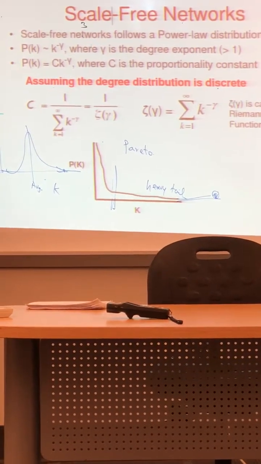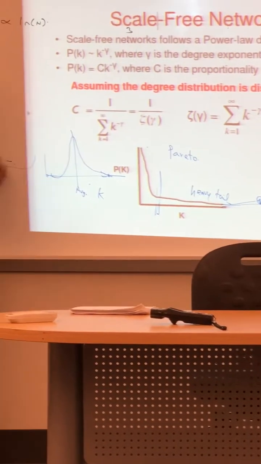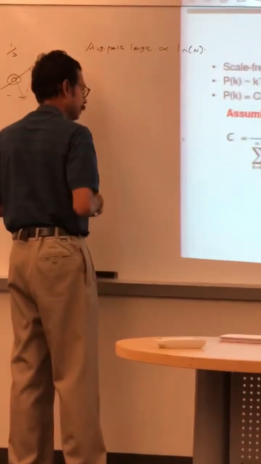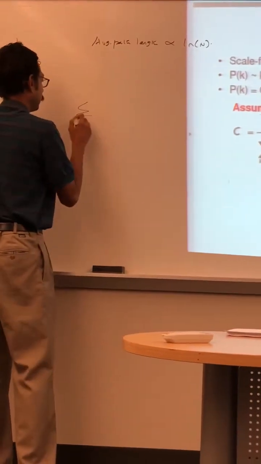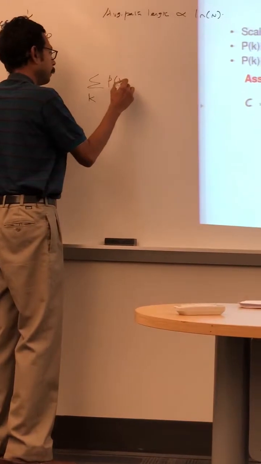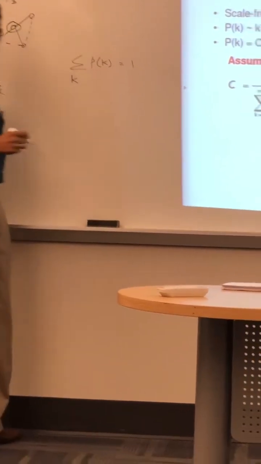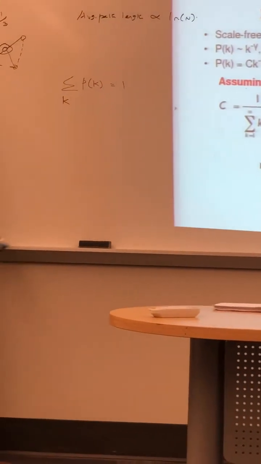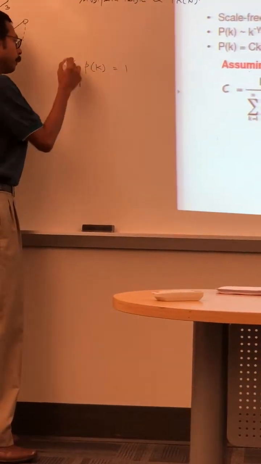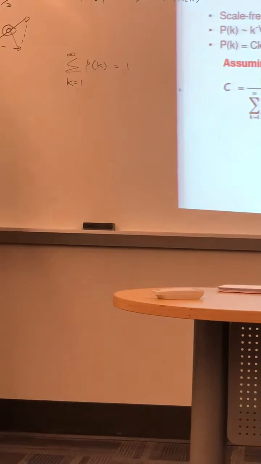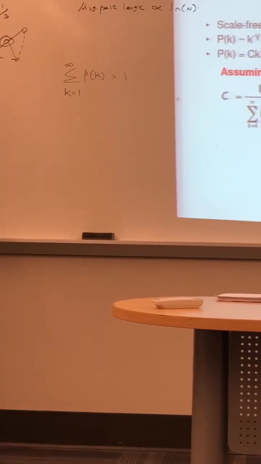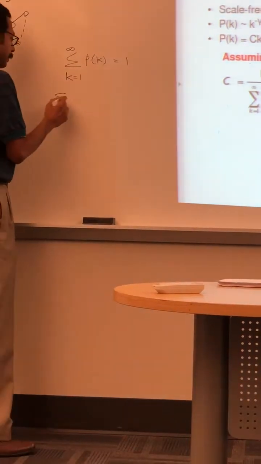So for all possible values of k, the sum of all the P of k values should be 1. These are fundamentals of probability. The k value could go from 1 to infinity, at least theoretically. The degree values. So let us substitute.